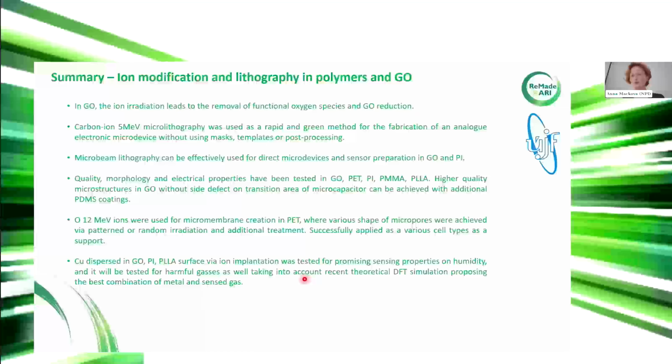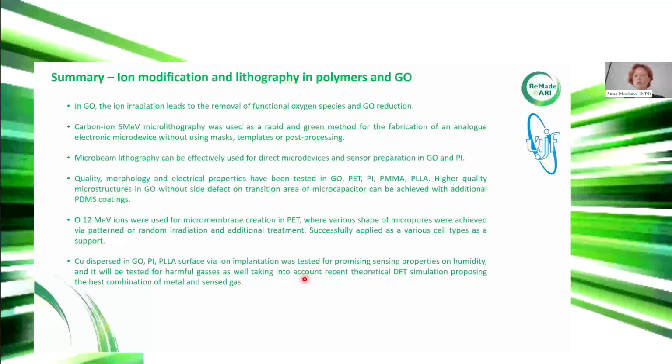So this is my final summary: ion modification and lithography in polymers and graphene oxide is a great tool for modifying graphene oxide and reduced graphene oxide.